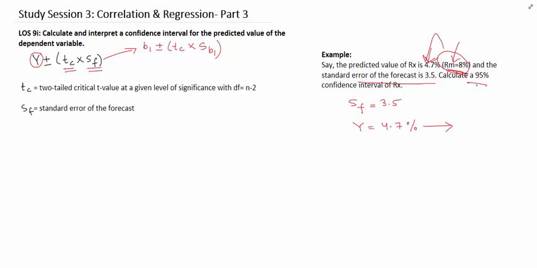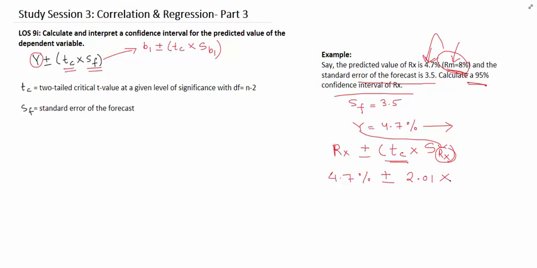So we have to calculate a 95% confidence interval for Rx, which is basically Rx plus minus tc into the standard error of Rx. Rx is basically y because that is the dependent variable. So we will put here 4.7% plus minus the critical value we have already calculated as 2.01 into the standard error of the forecast, which is 3.5.